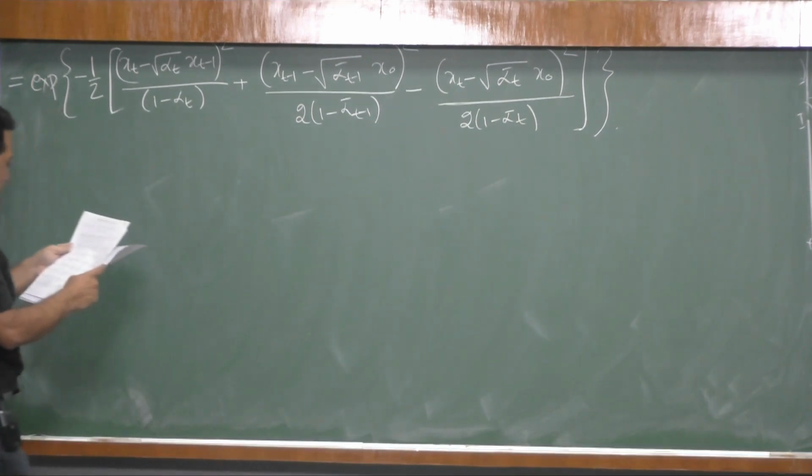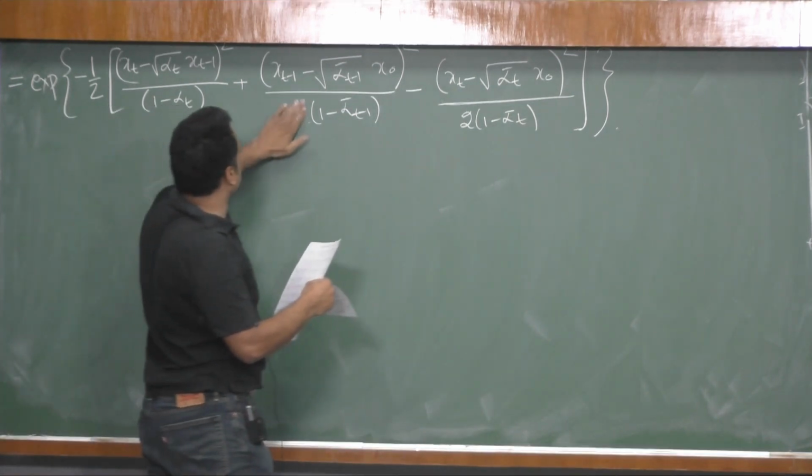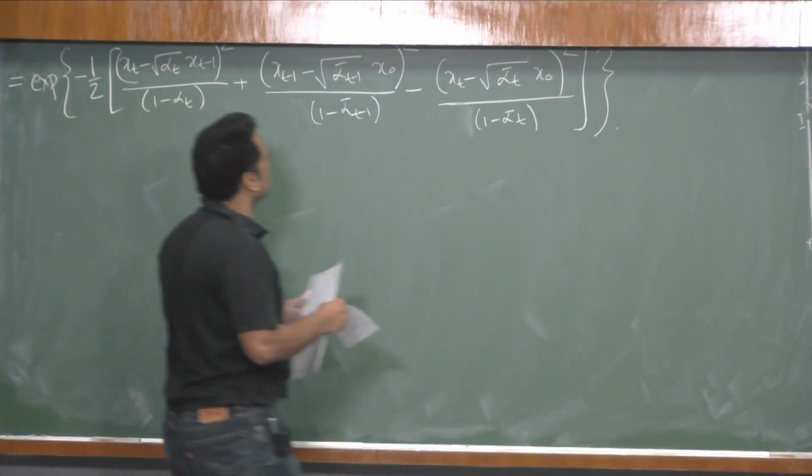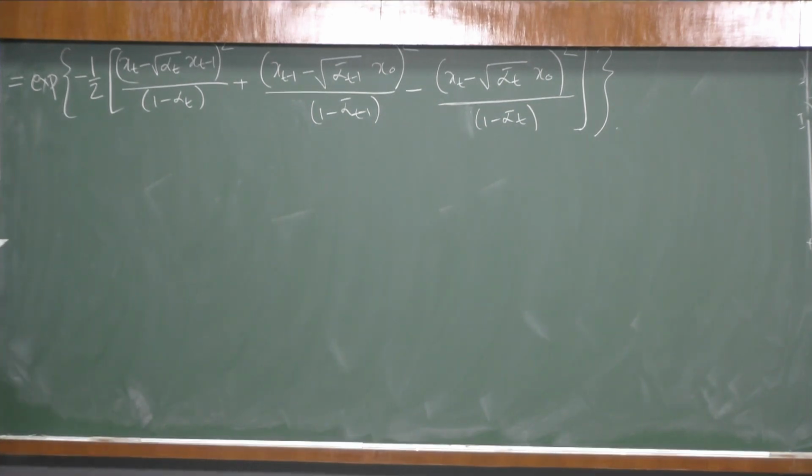Why am I putting 2 again? This was exactly the step. So that's right, minus half I've taken common.